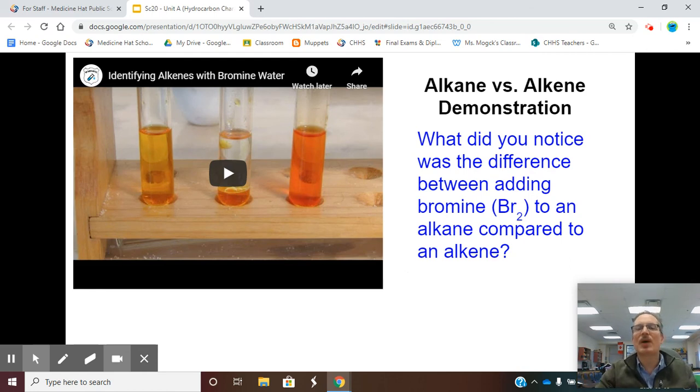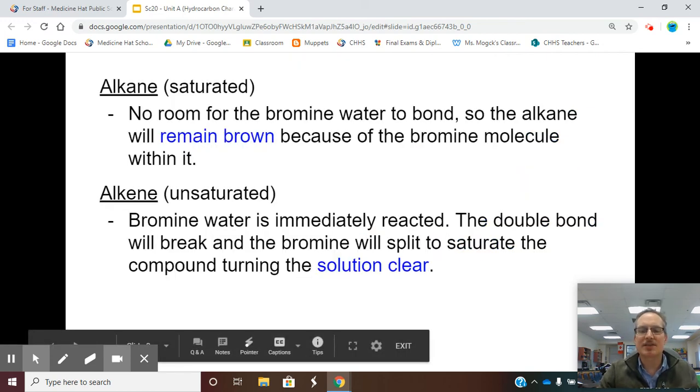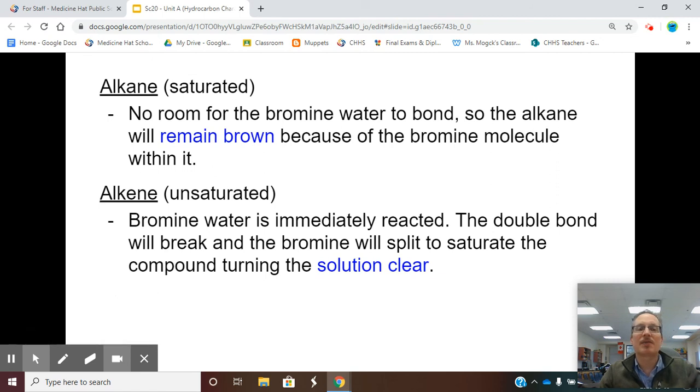So the easiest way to tell apart a saturated and an unsaturated compound is drop in some bromine. If it was unsaturated, it's going to turn clear. Alkenes and alkynes will turn clear. Let's look at this so you can get it in your notes, and then I would love for you to watch the video I've tagged down below.